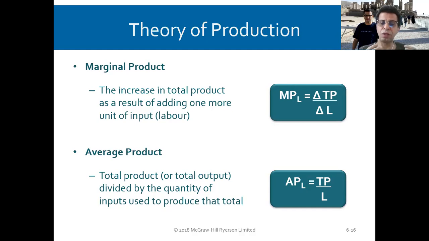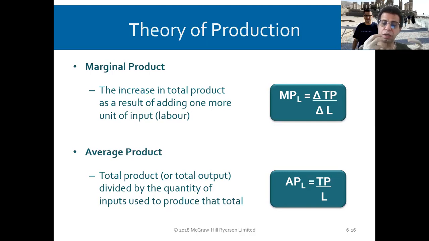Then what you have is called the average product. The average product is the total product or the total output divided by the quantity of inputs used to produce the total. So you have 10 units of bricks, 10 units of wood, whatever, you put them together and you make a small house.